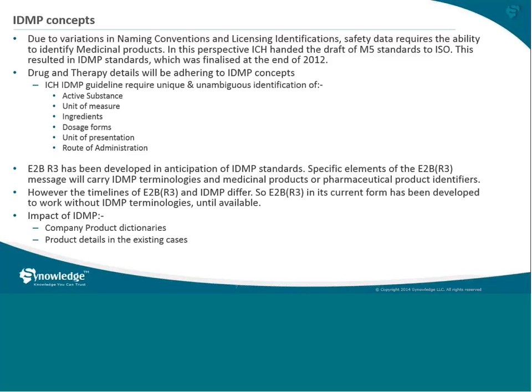Once IDMP has been implemented in the existing drug safety systems, maybe it is ARISg or Argus, the impact would be to modify the existing company product dictionaries at the administrator level, and also the product details in the existing cases, whichever cases are currently being processed. The archival cases, if the company insists, will have to undergo a data modification in order to comply with IDMP standards.